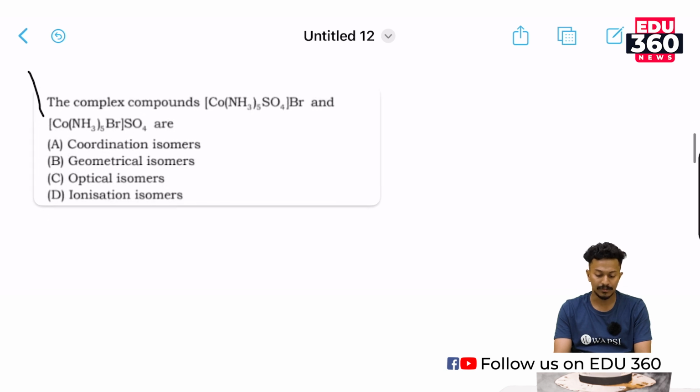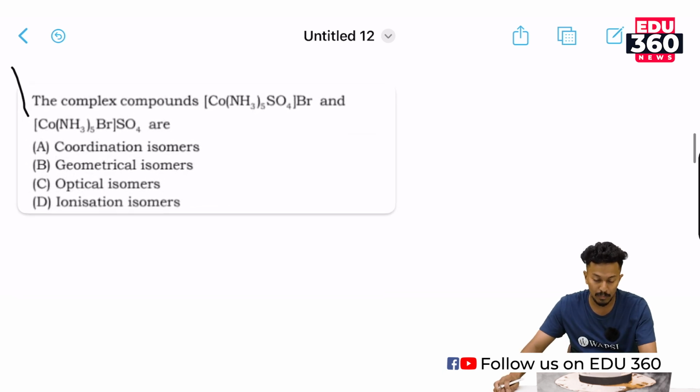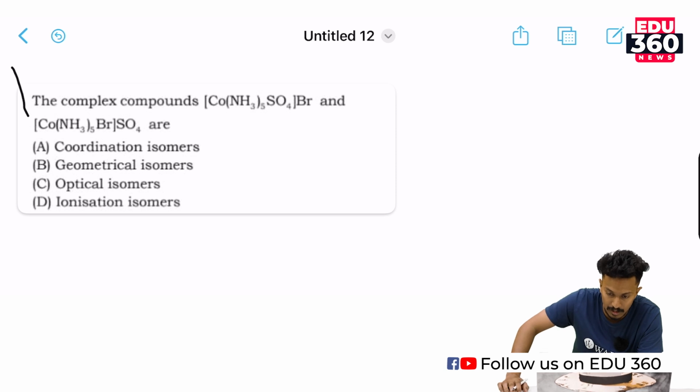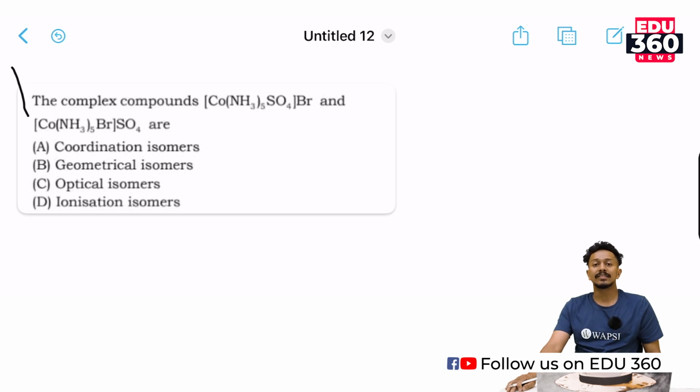For our next question, the complex compounds: pentaammine sulfato cobalt(III) bromide and pentaammine bromo cobalt(III) sulfate. I don't think I might get that actually. What kind of isomers are these: coordination isomers, geometrical isomers, optical isomers, or ionization isomers?